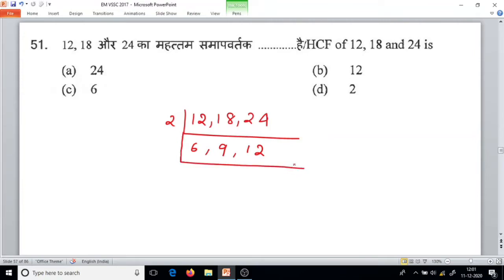So these are all multiples of 3, so we can divide by 3: 2 times, 3 times and 4 times. So HCF, the highest common factor, is equal to 2 multiplied by 3, which is equal to 6. So the answer is option C.